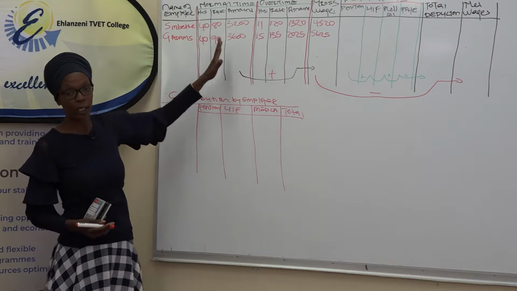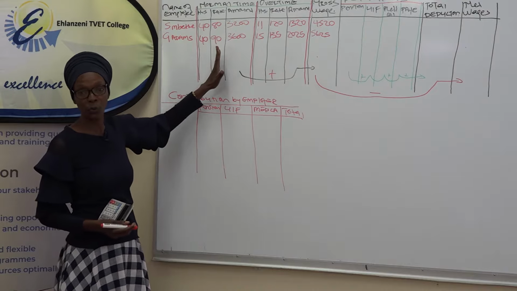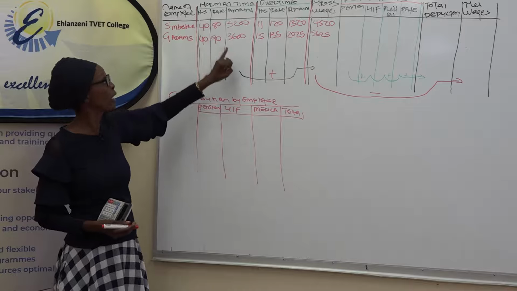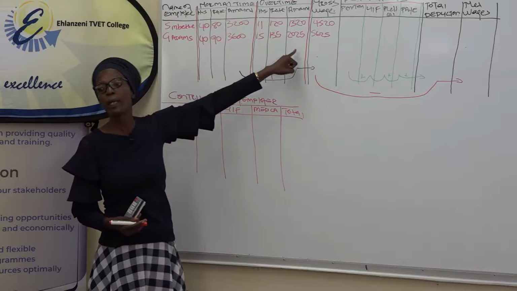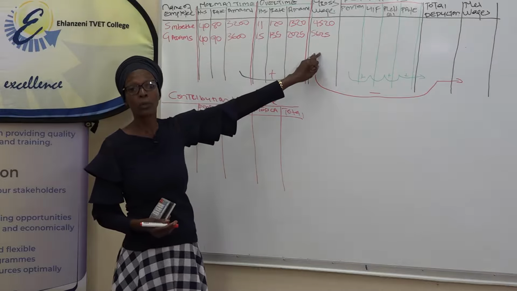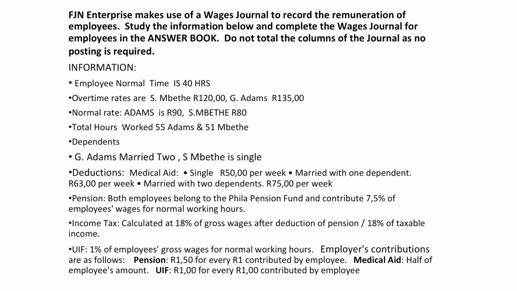Then we go to the deductions. You have to check which amount you are supposed to use, as now we've got three amounts: the normal amount, the overtime, and the gross wage. Let's firstly check our deductions. Single is 50 rand per week, married with one, as indicated there.